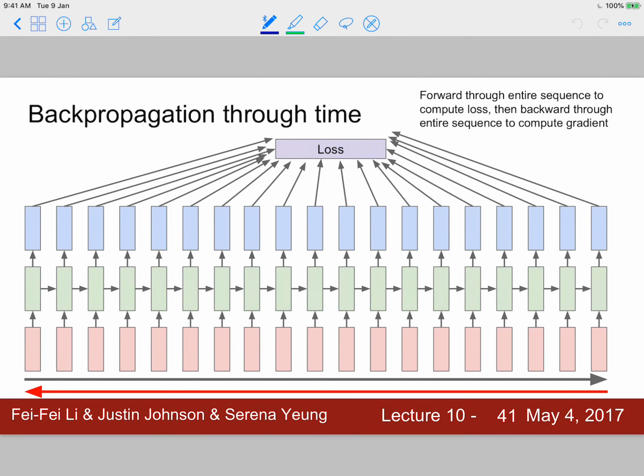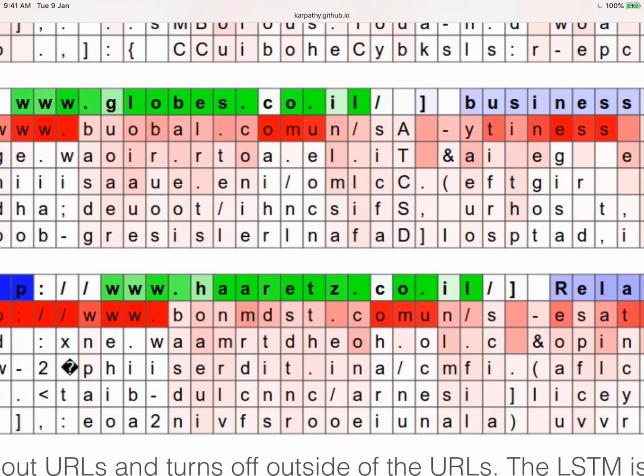Here, green is found in www and this URL, and also in another character sequence that is also in URL form, right? And another URL form has a similar color pattern, right? So it means that we can view each hidden state value or dimension of this recurrent neural net as a kind of memory cell.